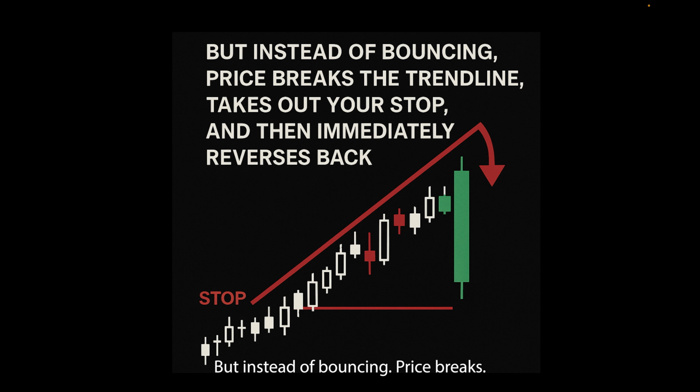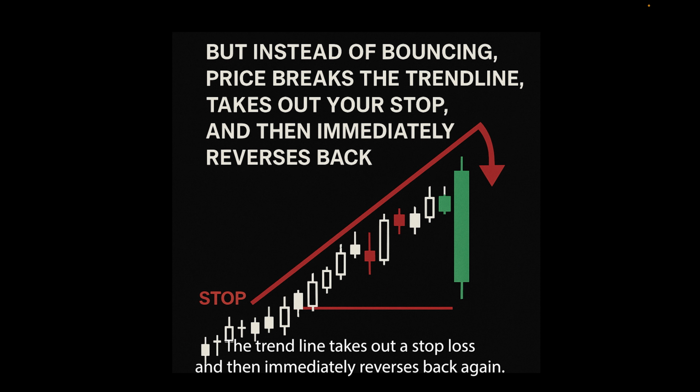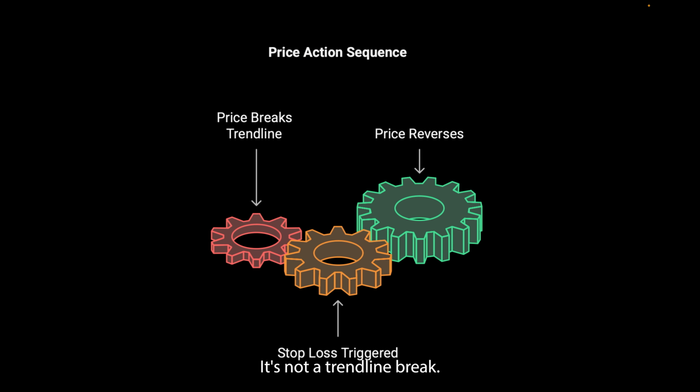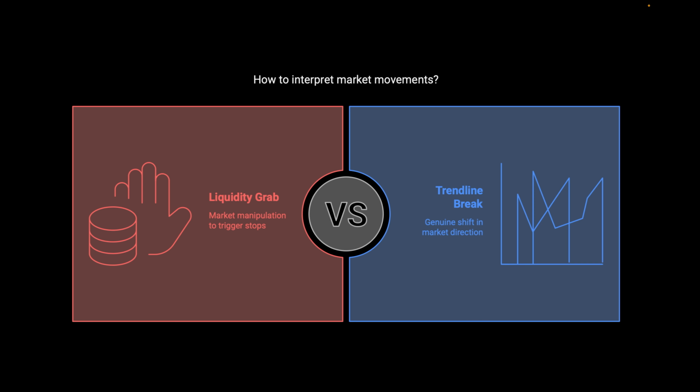But instead of bouncing, price breaks the trend line, takes out your stop loss, and then immediately reverses back. Again, it's not a trend line break, it's a liquidity sweep. Market makers know where your stops are. They manipulate the market to trigger them.